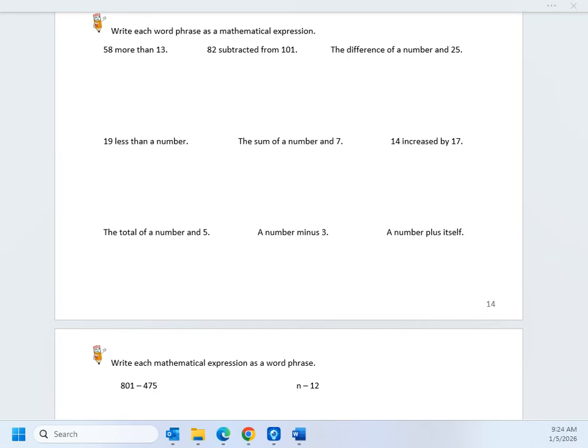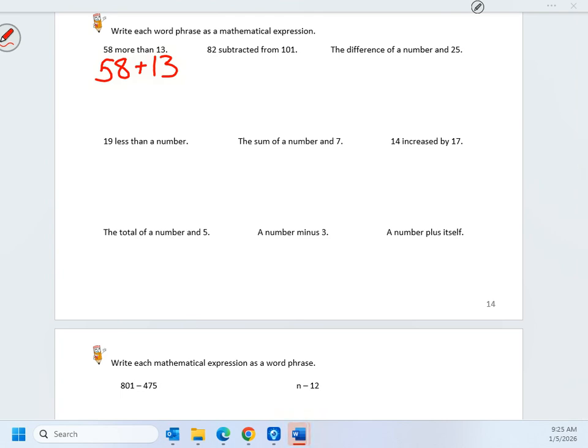We're just putting it as an expression. So if we have 58 more than 13, how would I write that as an expression? I'm going to use numbers and symbols when I write that expression. What would that look like, Michael? 58 plus 13. 58 plus 13. That's all we have to do.